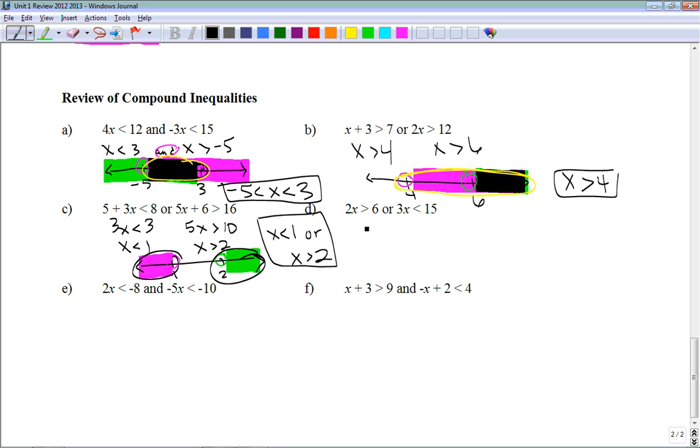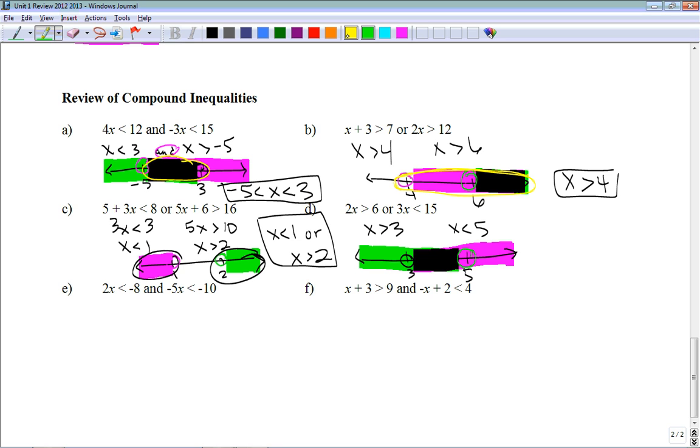Letter D, divided by 2, you get x is greater than 3. For the other side, divided by 3, you get x is less than 5. Draw a little number line. We've got 3 and 5. So we have x is greater than 3, and we've got x is less than 5.